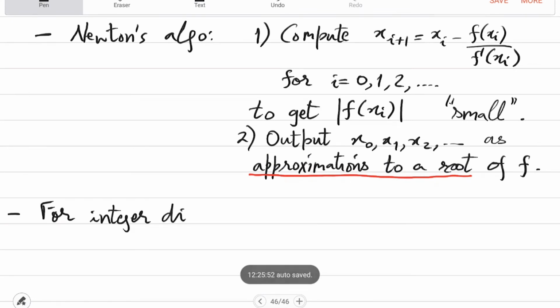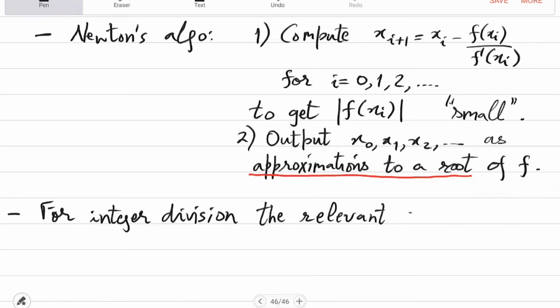So for integer division, the most relevant curve is y equal to f(x) defined as 1 over x minus b. Use this. So for this, f prime(x) is minus 1 over x square.